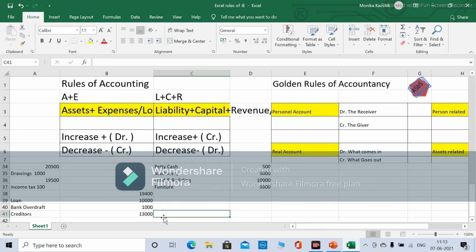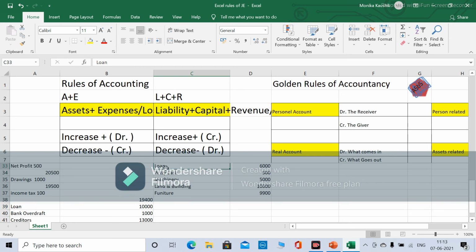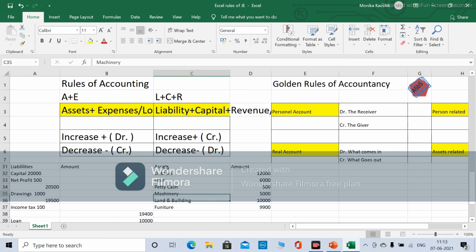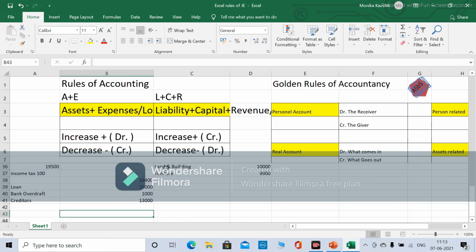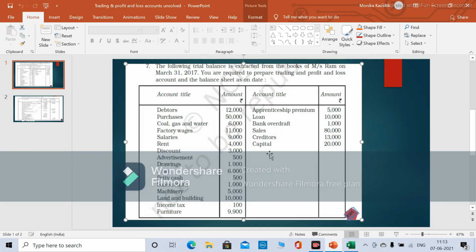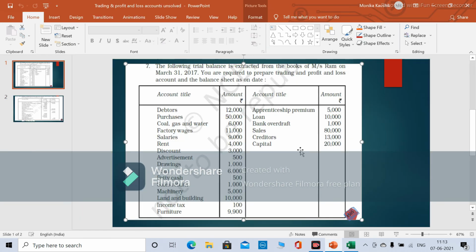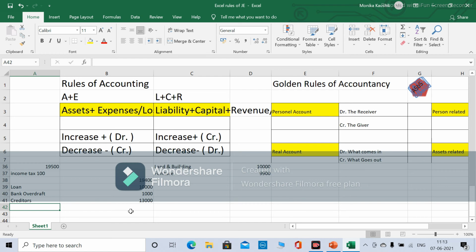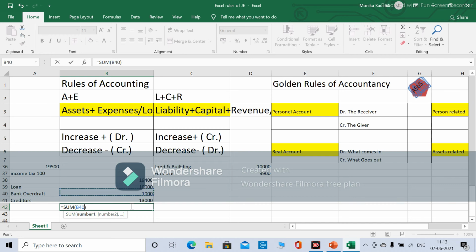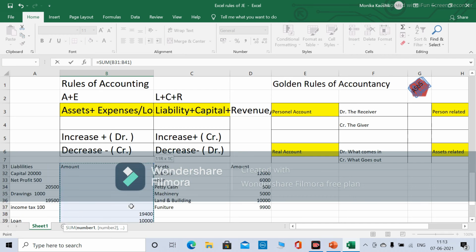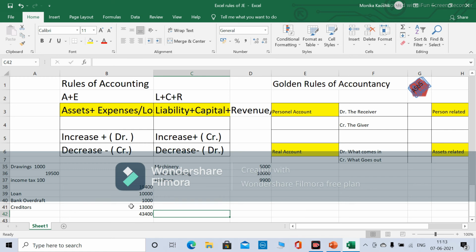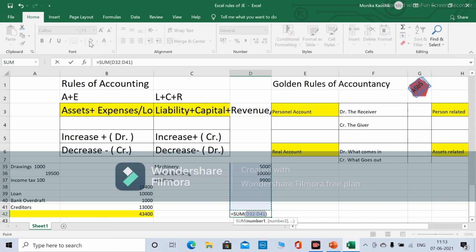Debtors is a current asset. I'm just telling you, if you want to prepare it with grouping, then you'll have to write it down under current assets and non-current assets. In that way you can consider it. So creditors done and capital done. Everything has been included over here. Net profit adjusted. So now let's calculate. This much, 43,400, and this side total should also be equal.